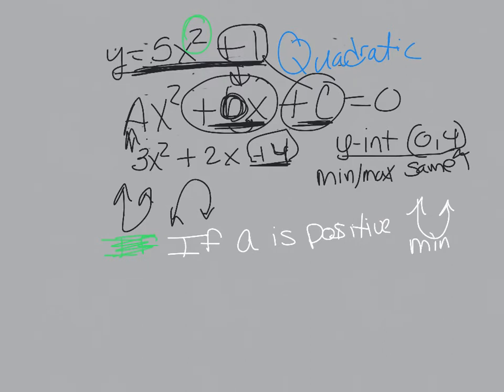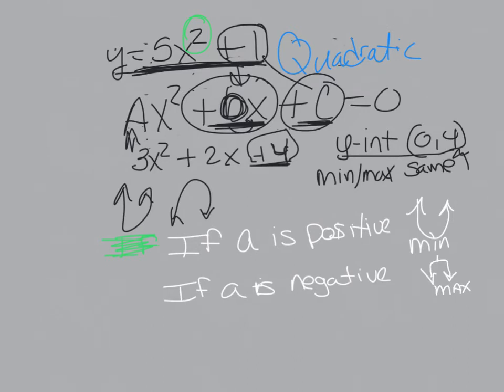Okay? If a is negative, then your graph is going to be going down, and it's going to have a maximum because your top is there.